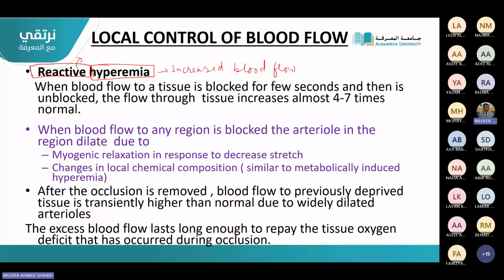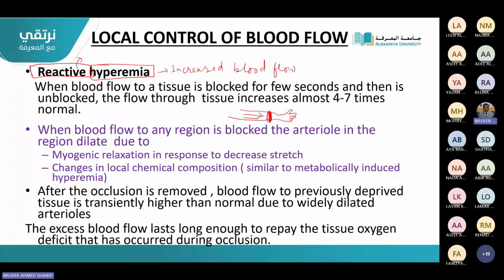How? Let us see here. When blood flow to the tissue is blocked, suppose this is the arm, okay? And you apply a band here, a very tight band. So you decrease the blood supply here.